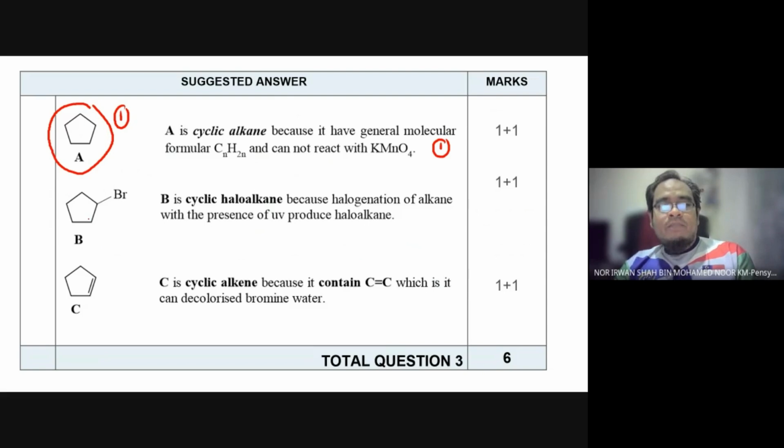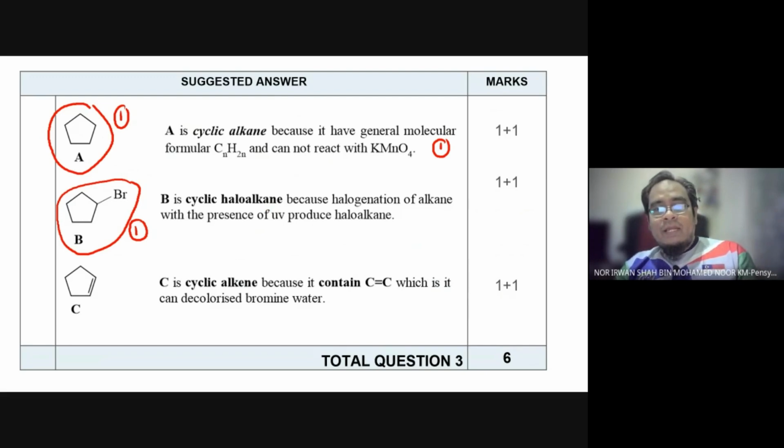Okay, and then what is B? Tadi B adalah bromocyclopentane. Bila you all lukis benda ni, dapat satu markah. And then you buat sedikit explanation here lah. Jadi B, apakah B? So B actually is a cyclohaloalkane ataupun cyclic haloalkane. Sebab apa? Yang pertama, sebab B ini adalah product of bromination, kan, product of bromination of cyclic alkane tadi.